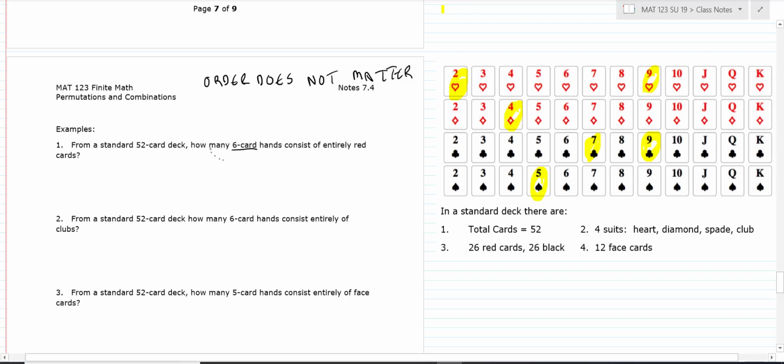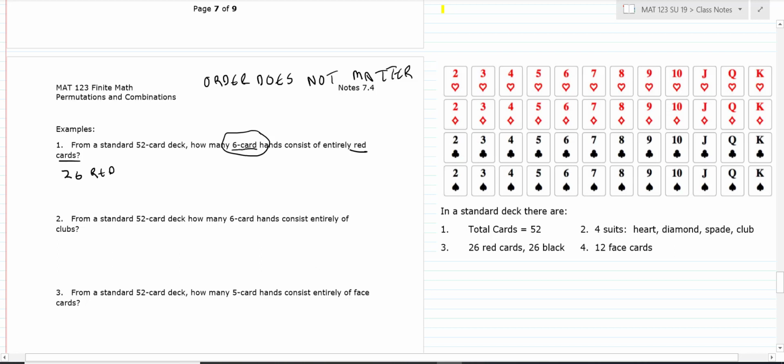We're going to find how many 6 card hands consist of entirely red cards. So here's the idea. We're choosing 6 cards, but all of those cards are red. How many cards are red? There's 26 red cards.